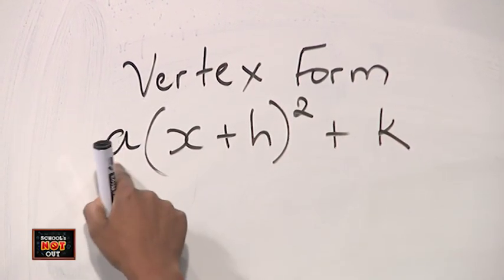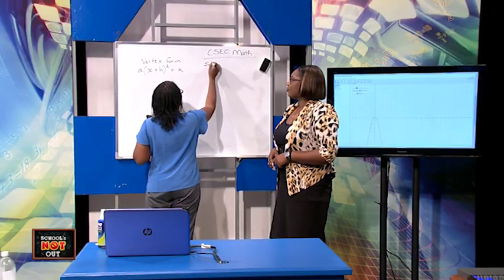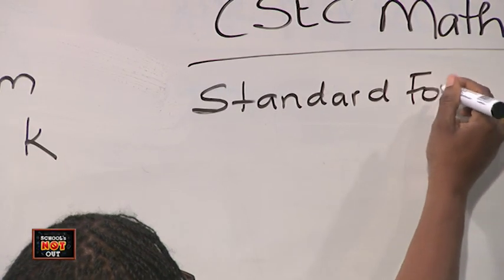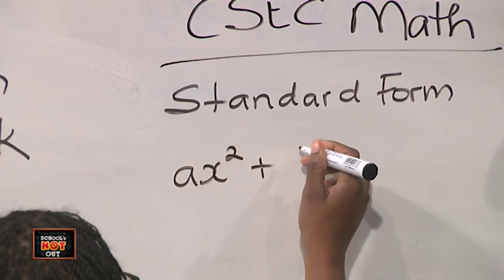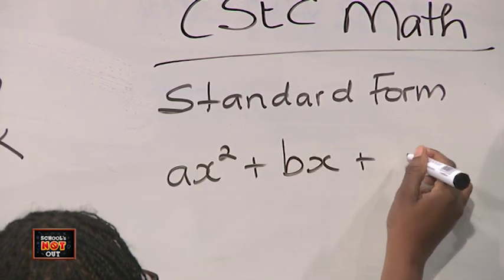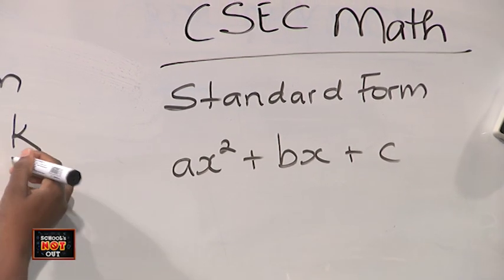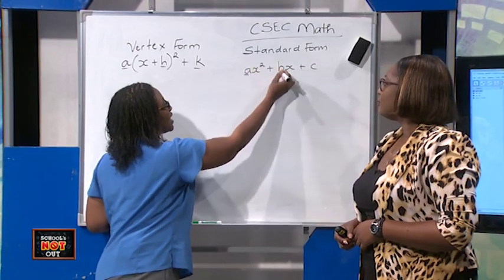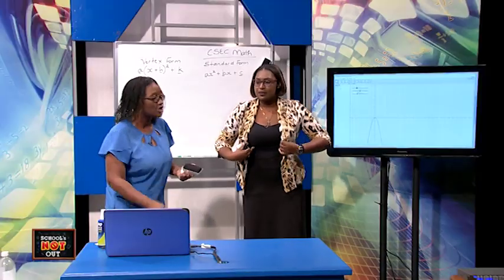So this is what we were referring to just now. And we can also write it in what we call standard form, where we have ax squared plus bx plus c. Please note that A, H, and K here are real numbers. And so A, B, and C in this form are also real numbers.